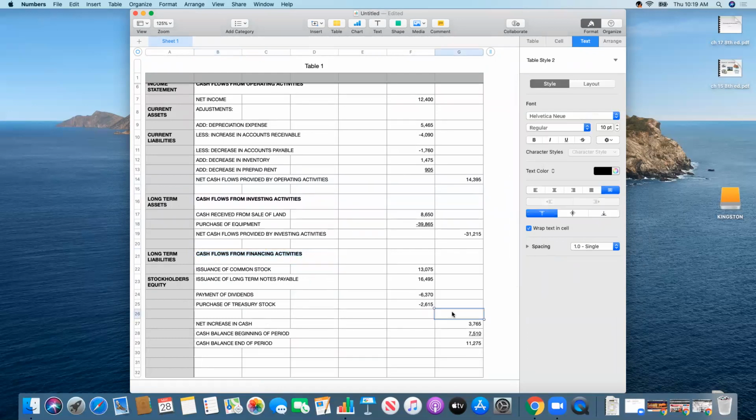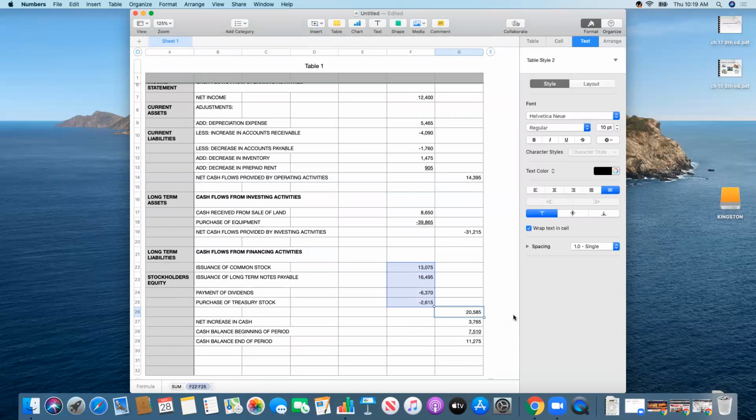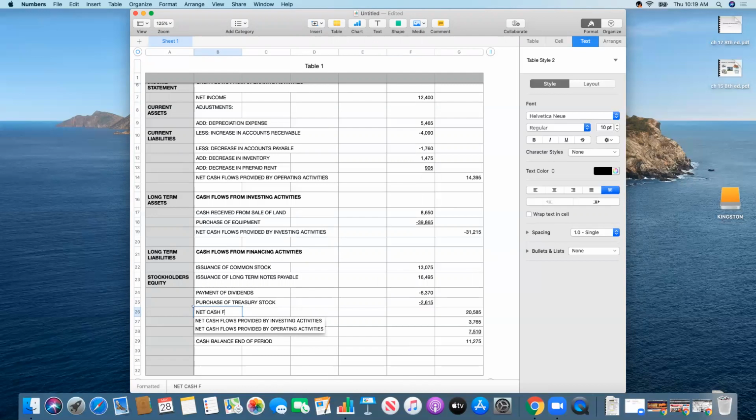Okay, so let's do this now. $20,585 net cash flows provided by financing. There you go.